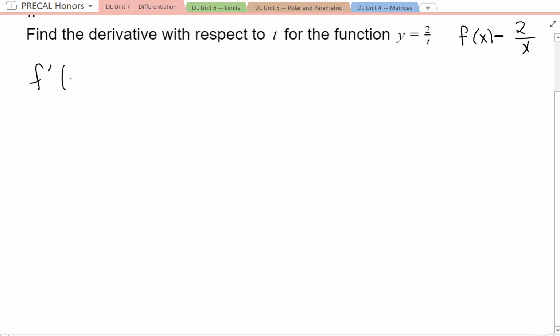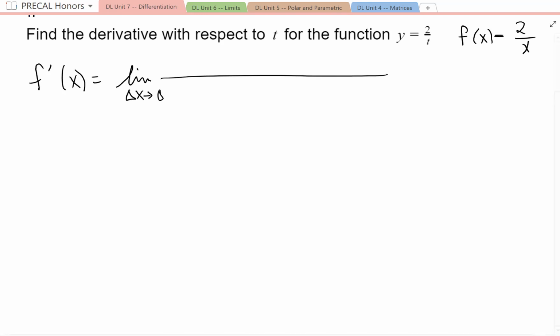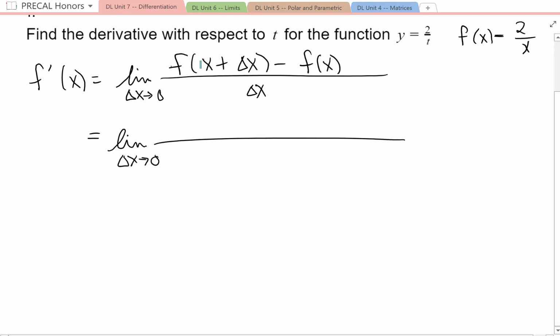f prime of x is equal to the limit of, x plus delta x will be plugged in anytime there's an input in the original function. The original function is 2 over x, so instead of x in the denominator, we will write x plus delta x, minus the original function, which is 2 over x, all over delta x.